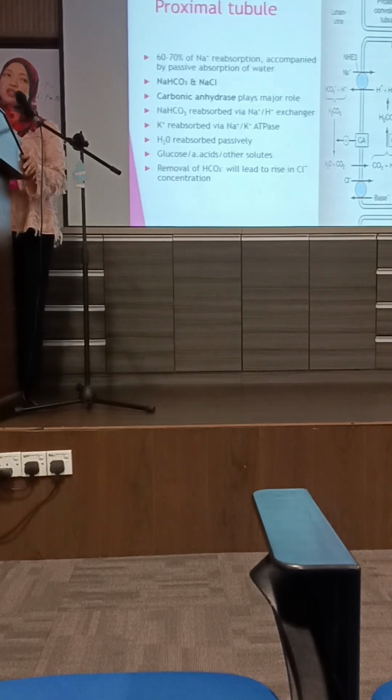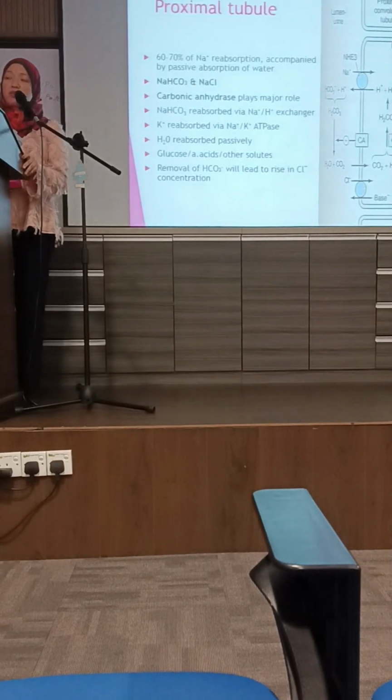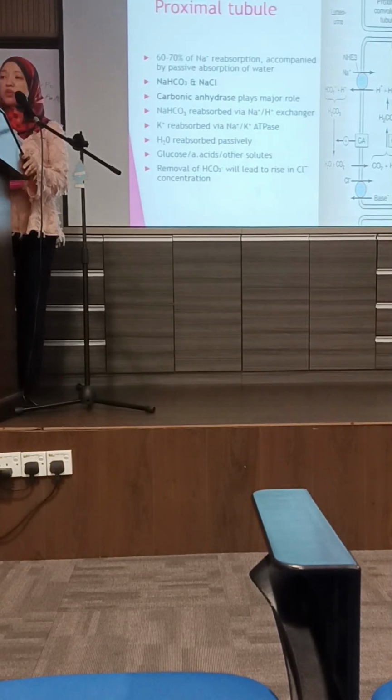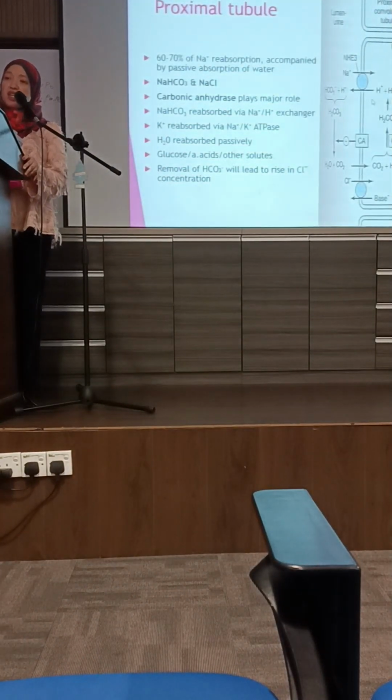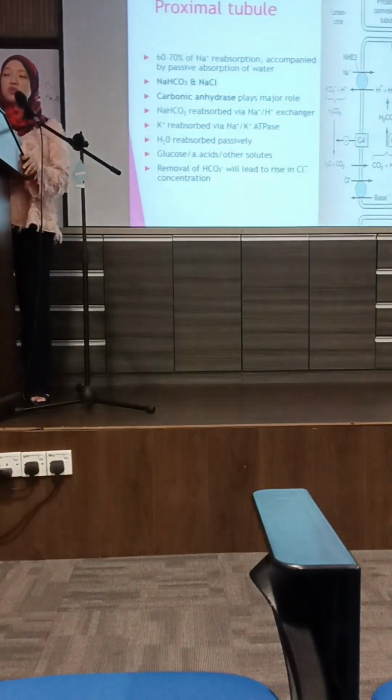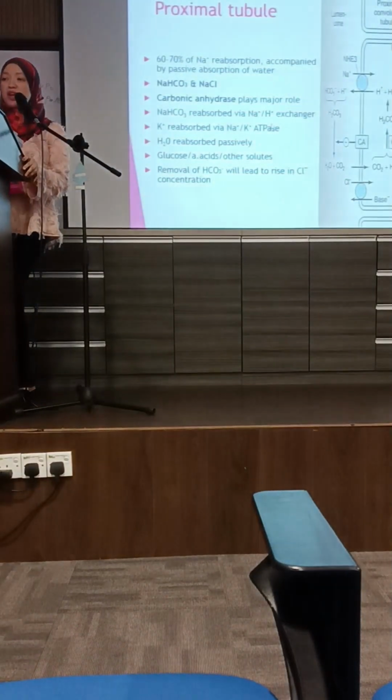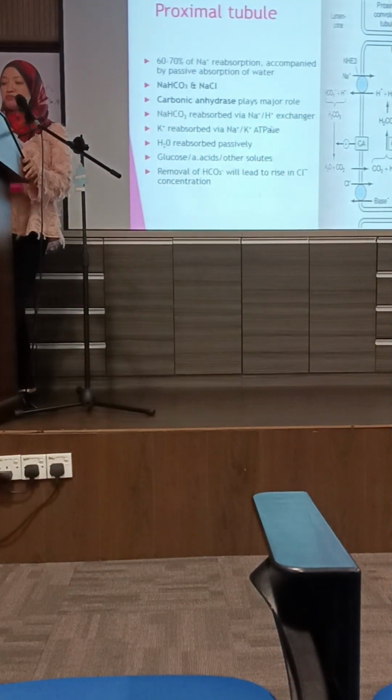So this is a simultaneous, repetitive process, and then bicarbonate will be reabsorbed into the blood. So basically most of it happens here, 60 to 70% of sodium bicarbonate and sodium chloride reabsorption.